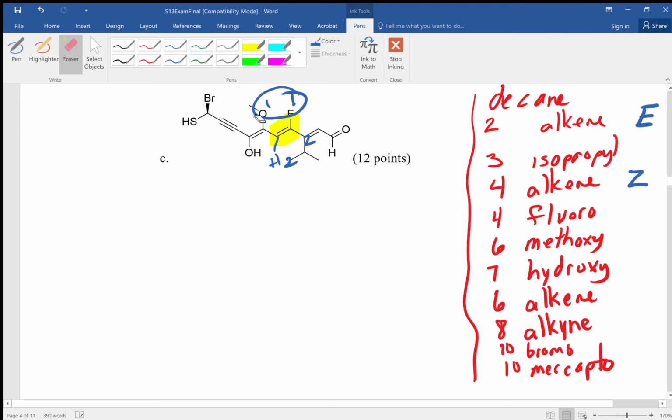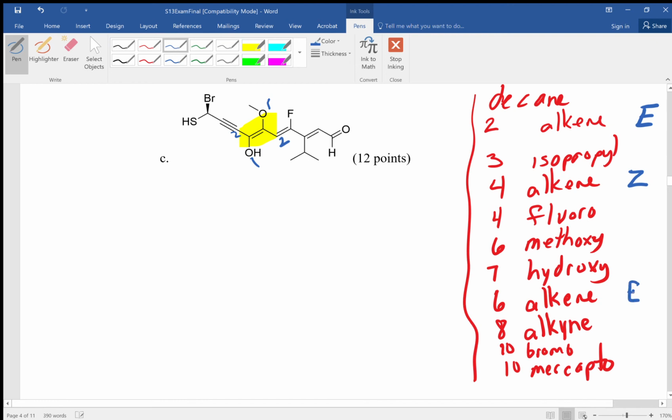Now we can do the alkene over at carbon 6. On one side we have oxygen versus carbon. Oxygen is higher atomic number. We have the same set on the other side, oxygen versus carbon. Our higher priority groups are on opposite sides.